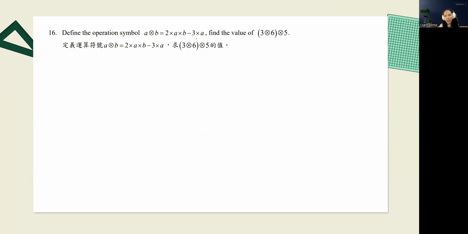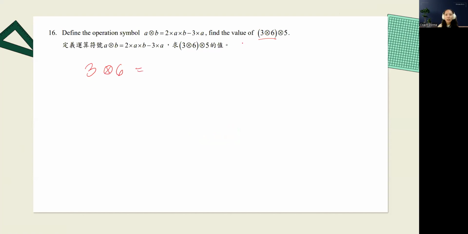So define the operation symbol. A symbol B is equal to 2 times A times B minus 3 times A. So we have to find the value of this expression right here. If it's inside a parenthesis, make sure to prioritize that one. So let's do the 3 symbol 6 first.